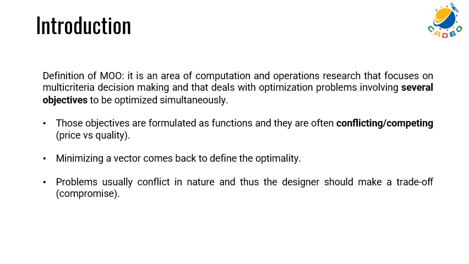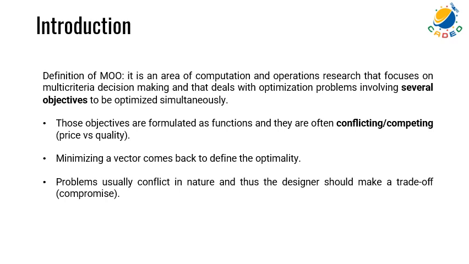Imagine you are trying to find the best solution for a problem, but there are different goals, like wanting something cheap, but also with good quality. Multi-objective optimization will help you with such situations. It deals with problems where you have several things to improve, like price and quality, but they might not agree with each other.